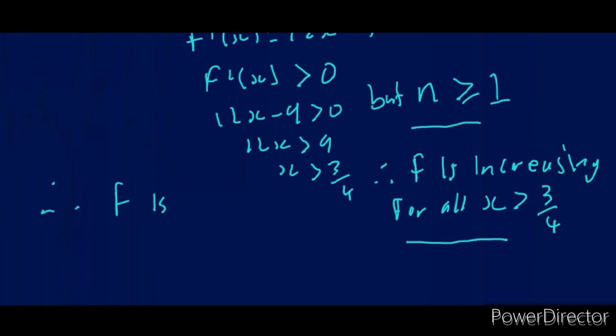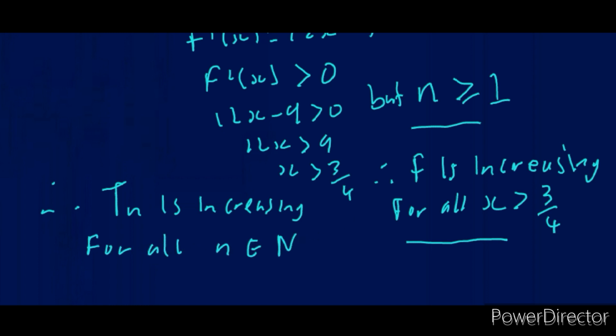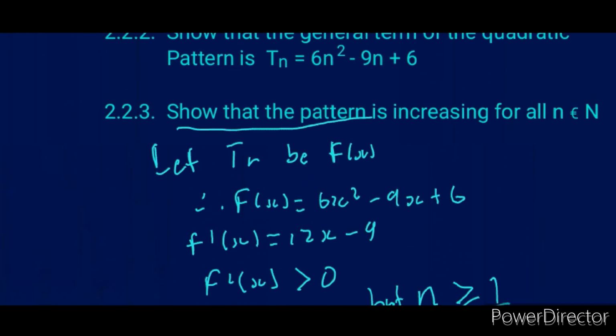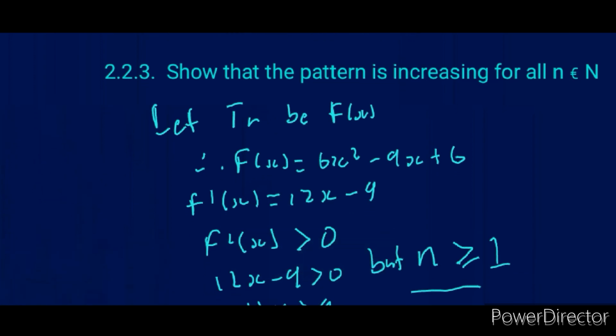Or rather you say Tn, because first we're talking about Tn. So you say therefore Tn is increasing for all n an element of natural numbers. Yeah, that's what they said: show that the pattern is increasing for all n an element of natural numbers.